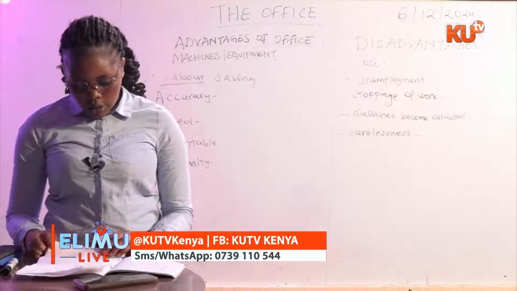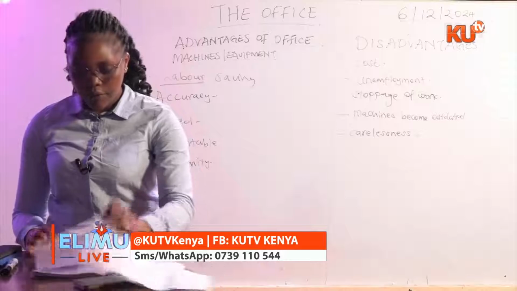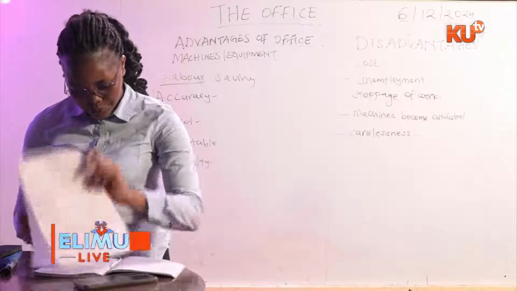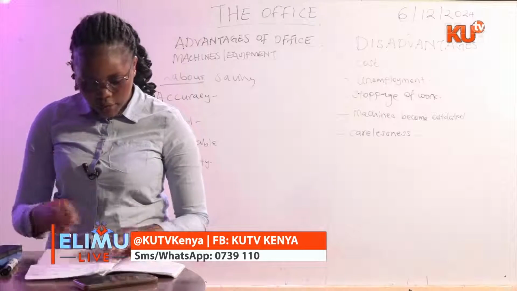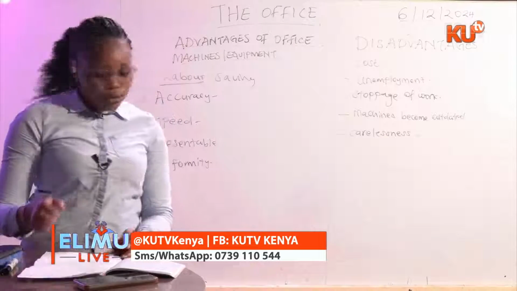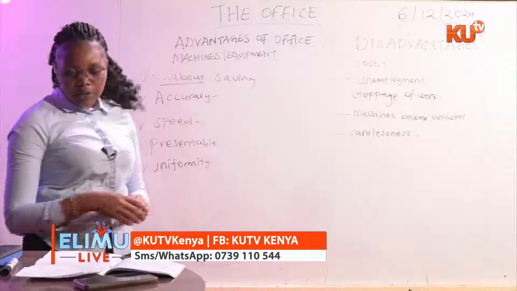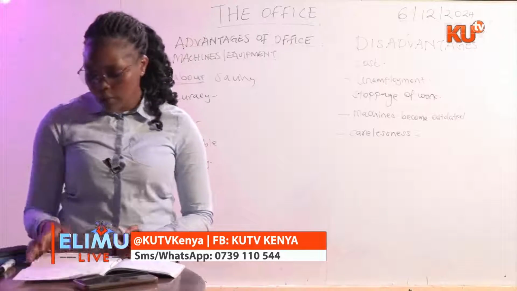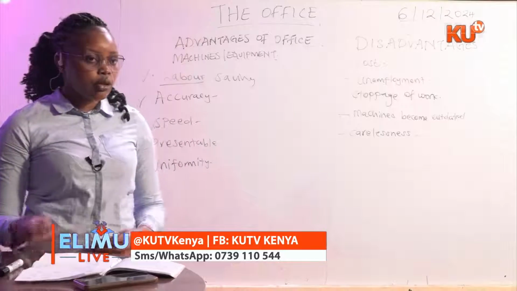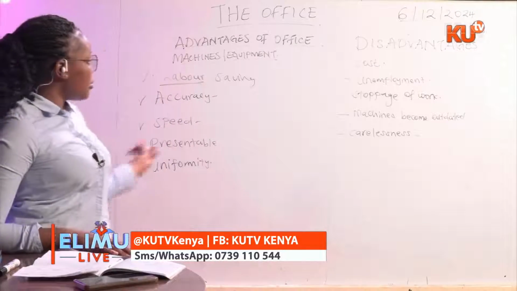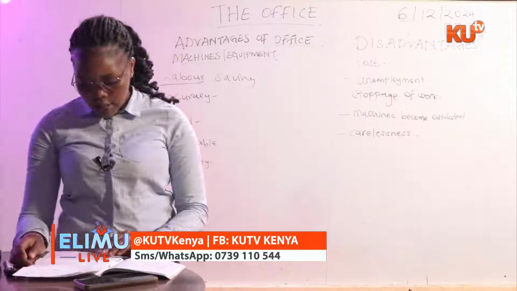As we conclude, I would like each of you to go to an office, identify the various office equipment, look at them, make sure you know how they are used, and then see whether they are among the ones that we discussed in our class today.